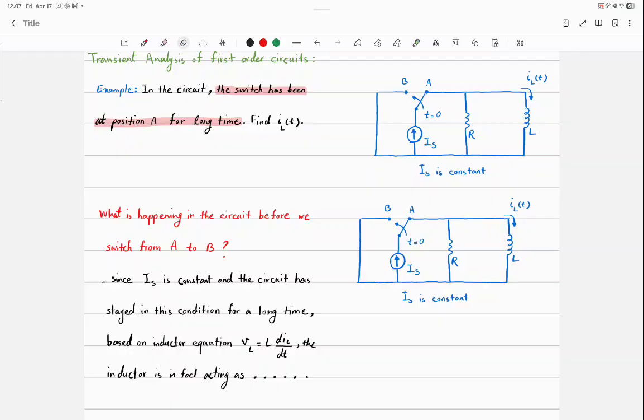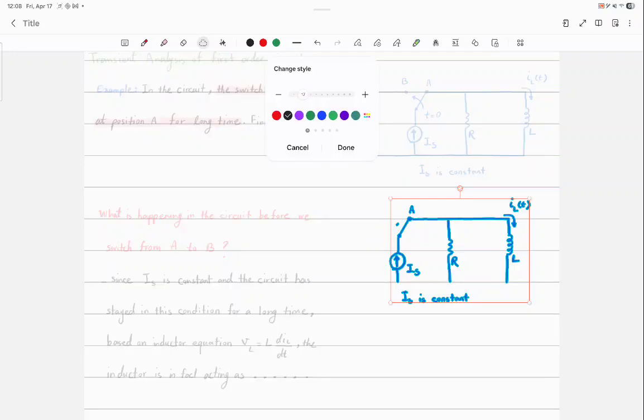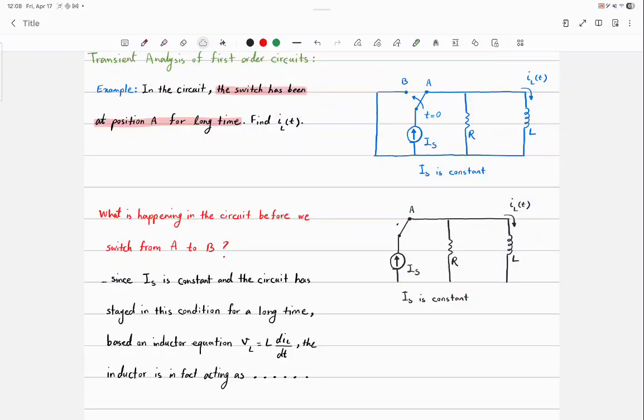And do you agree that before t equals 0, before switching, I can get rid of this part of the circuit? Do you agree that this is the circuit that I'm interested in? The left part of the circuit is completely irrelevant.